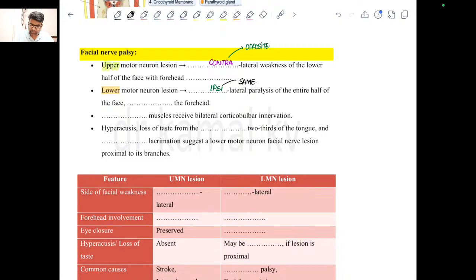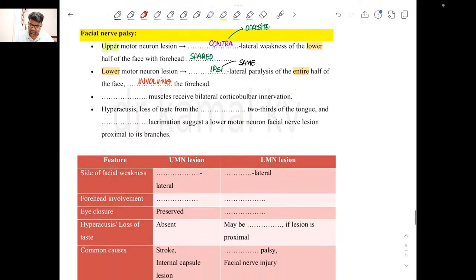That's very important. Now there is one more important point. In upper motor neuron, only the lower half of the face is involved and the forehead is spared. But in lower motor neuron, the entire half of the face is paralyzed, involving the forehead also. So two important points: which side, same side or opposite side, and then how much area, the complete one half or only the lower half sparing the forehead.